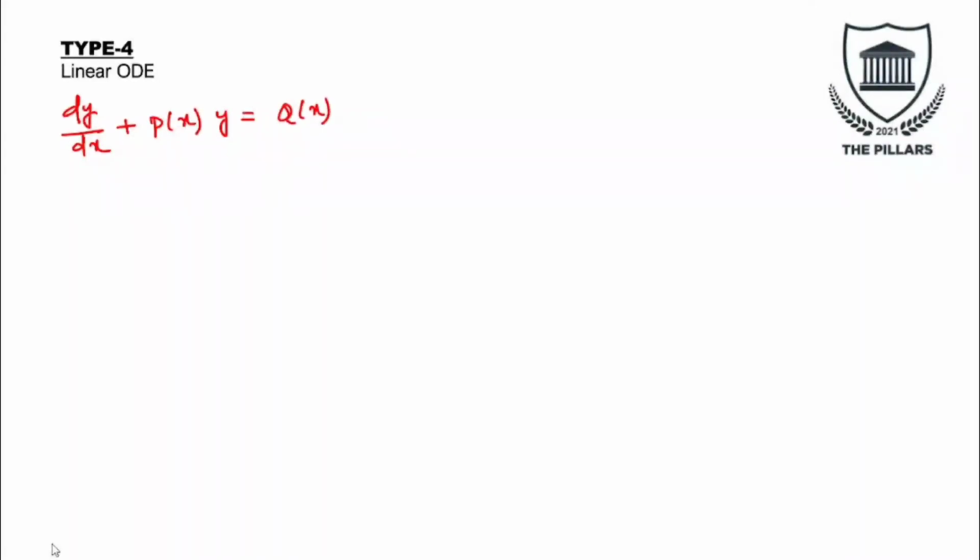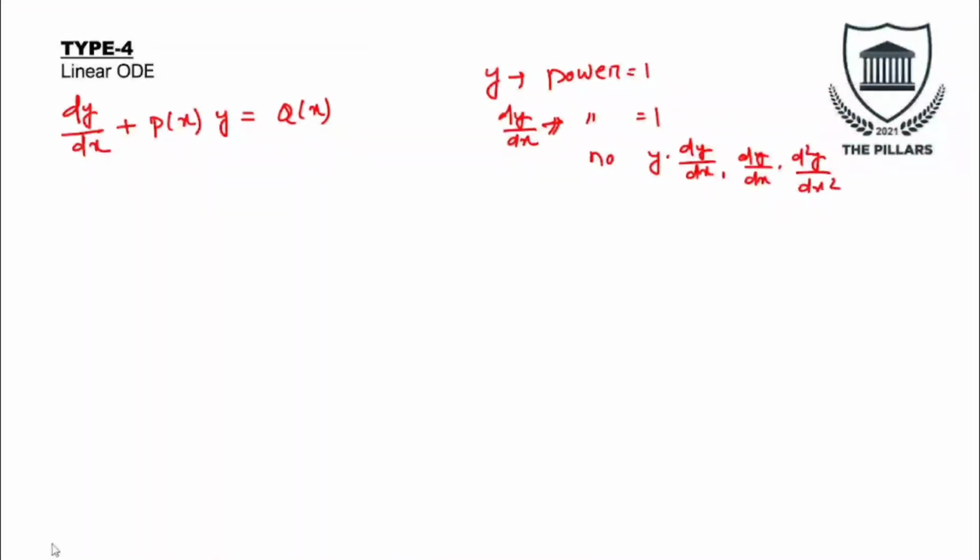Here you can see y has power 1 and dy/dx has power 1, and there are no y·dy/dx or dy/dx·d²y/dx² terms. These terms are not here. So we can say this is a linear ordinary differential equation.